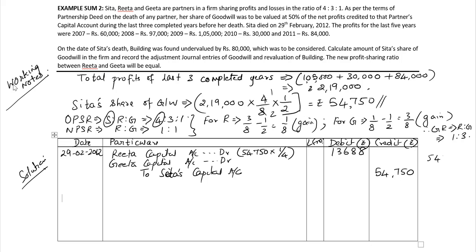And we'll write the balancing figure under Geeta. 54,750 minus 13,688, which is 41,062. Being goodwill adjusted.